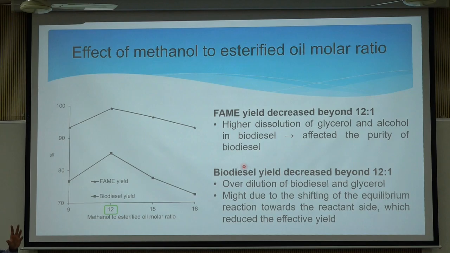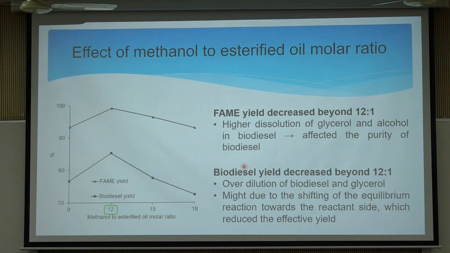But as I told you, the transesterification process is a reversible process. If we just put 3 moles, not all the triglyceride can be pushed toward the right-hand side. So we need to put in extra methanol.